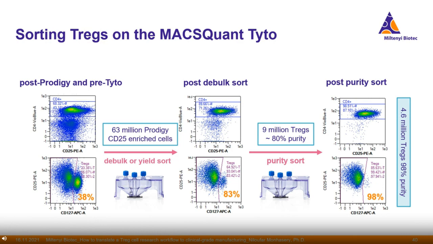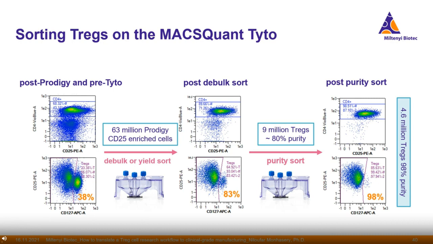It was followed by debulking sorting on the MACSQuant Tyto Cell Sorter, and we reached 83% purity. But since we need higher purity, or want ultra pure Tregs, we started another sort, a purity sorting. The final yield shows that we reach 98% pure naive Tregs, which you can see are positive for CD25 and negative for CD127.